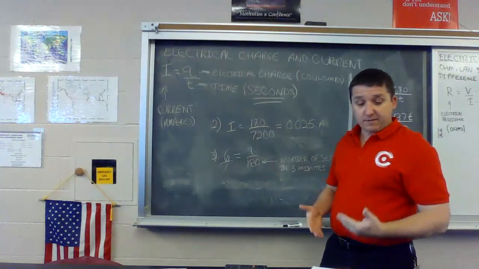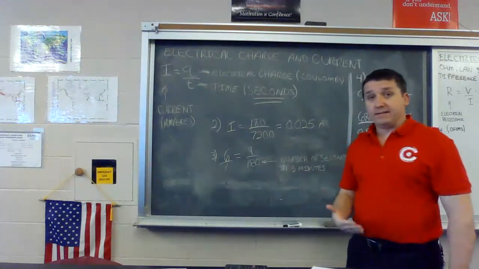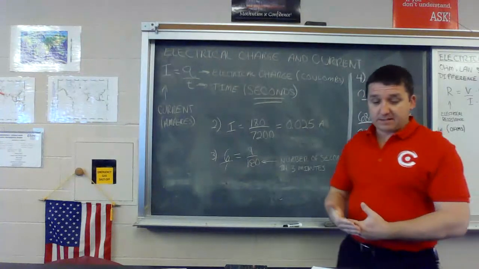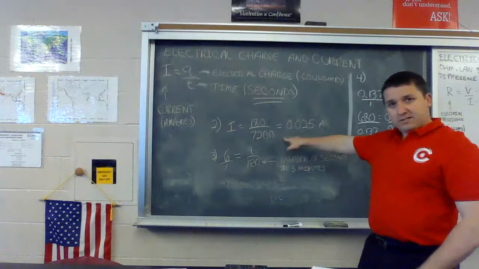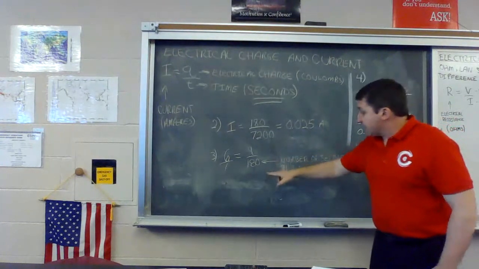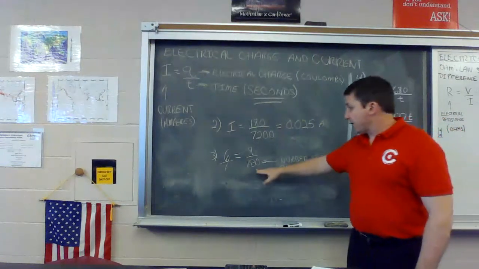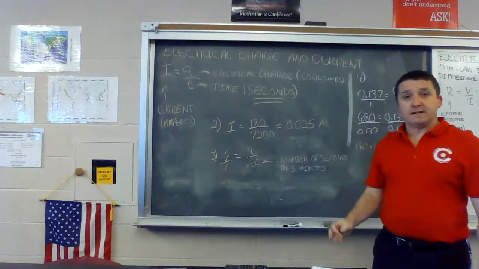Or in the case of numbers 2 and 3, the seconds were not provided, but you had to convert from hours in number 2 to seconds, 60 times 60 times 2, or in the case of number 3, 60 times 3, because we're talking about 3 minutes, so in 3 minutes there's 180 seconds. So always make sure that time is in seconds.